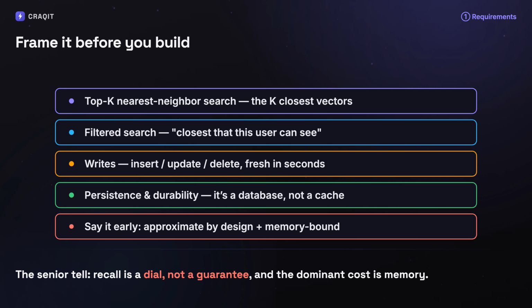A 1500 dimension vector is about 6 kilobytes. So 100 million of them is over half a terabyte of raw floats before any index overhead. That number, said early, is why half this video is about not keeping everything in full precision RAM. Naming, approximate, and memory bound upfront is the senior tell.